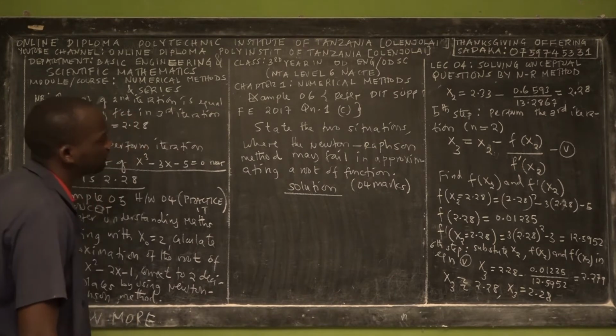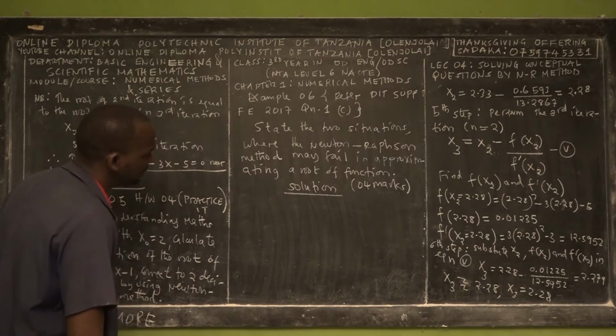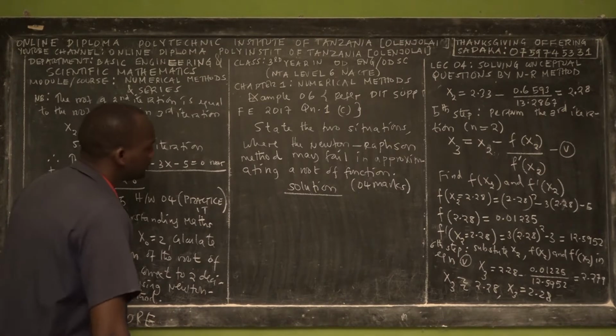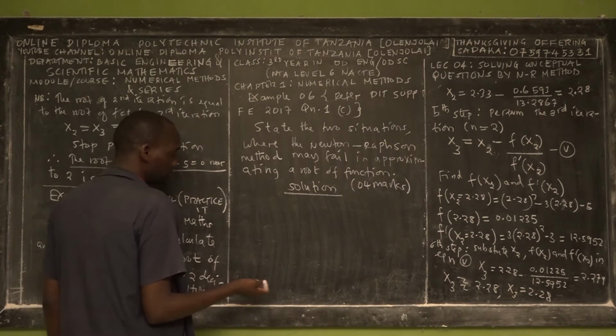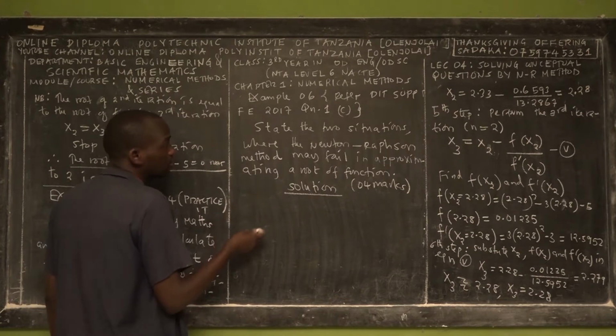Solution. State the two situations where the Newton-Raphson method may fail in approximating a root of a function. The two situations mean the two conditions.